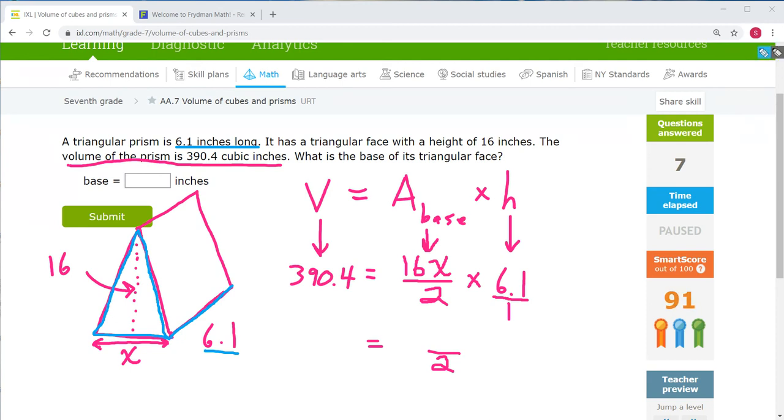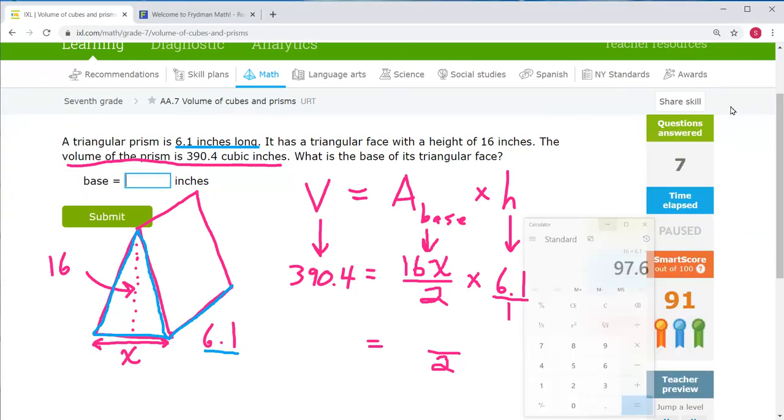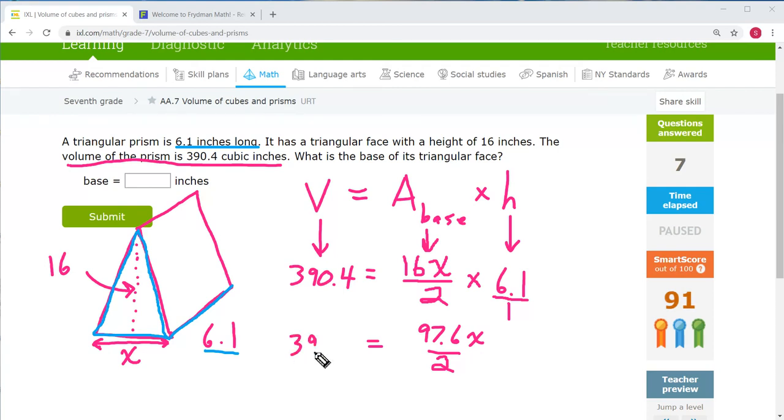So I'll go to a calculator and just do 16 times 6.1 equals 97.6. So in the numerator, I'm going to have 97.6x, and all of that over 2, and all of that is equal to 390.4.